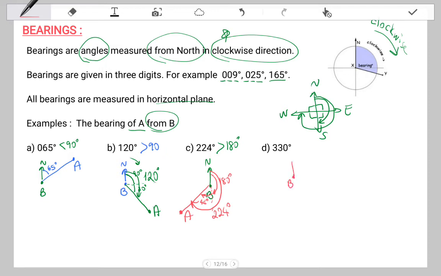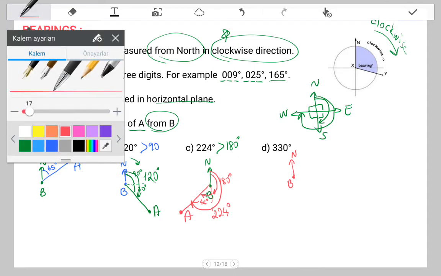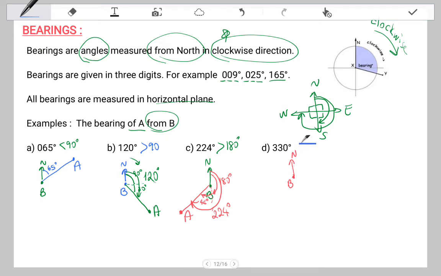And in the last one, 330, let's plot the position of B. And according to the position of B, I label N and start to turn in a clockwise direction to get 330. And it is bigger than 270 degrees. So 270 degrees is here.